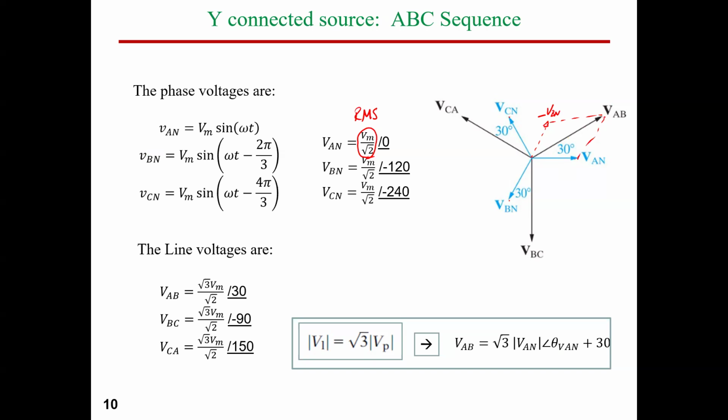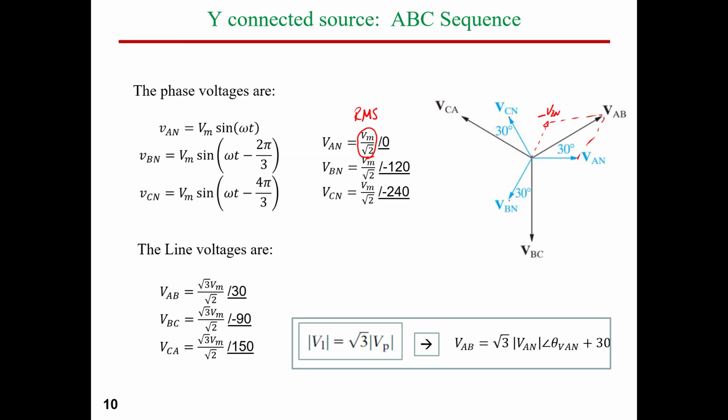Okay, so VAB now is shifted 30 degrees from VAN and with a magnitude equal to √3 times the phase. For that, you will find when you convert from phase to line in Y connection, multiply the phase value times √3 and add 30 degrees to the phase angle. So these are the rules for ABC sequence in Y connection.